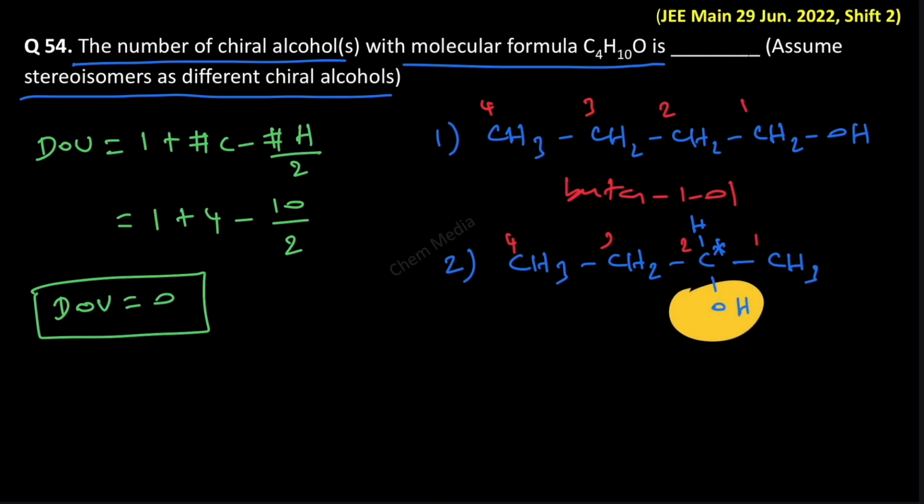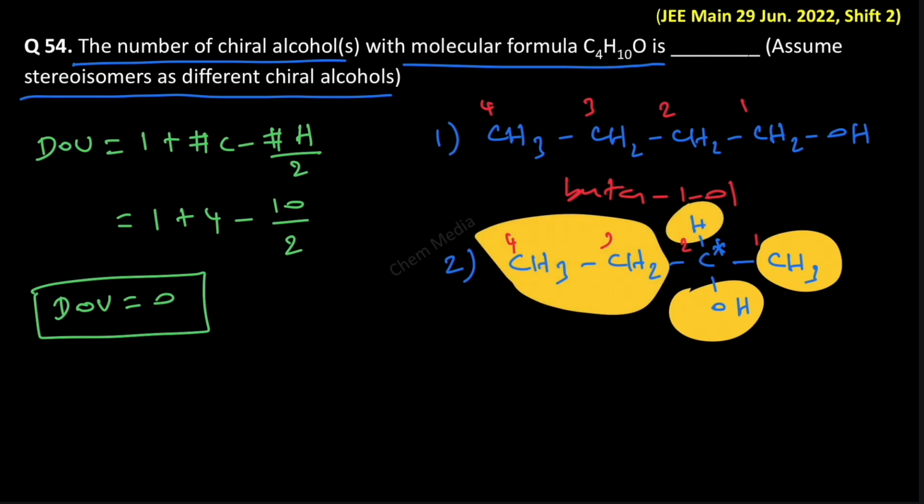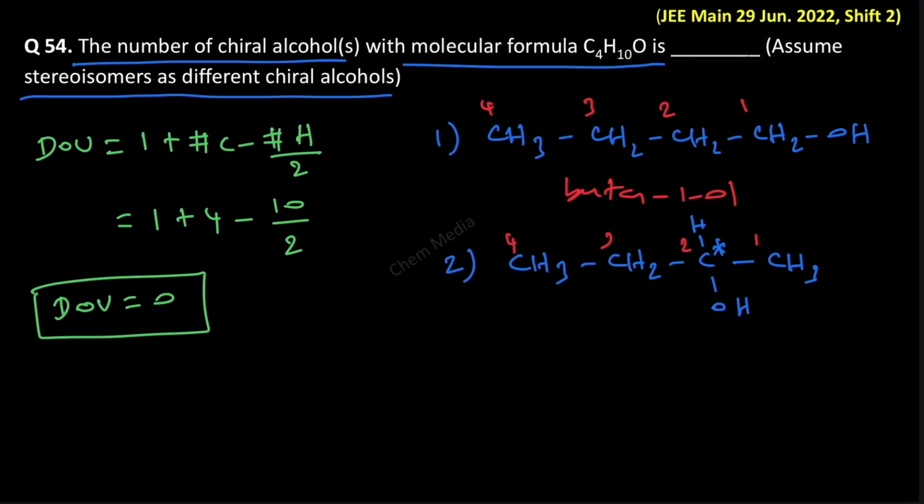We have an OH group, we have a methyl group, we have a hydrogen and then we have an ethyl group. Therefore, that carbon atom is chiral. This means that 2 isomers are possible. Both R and S configurations are possible. So either it could be 2R butan-2-ol or it could be 2S butan-2-ol. Therefore, we should treat this molecule as 2 different chiral alcohol isomers.